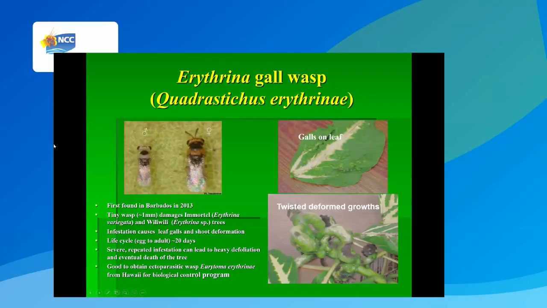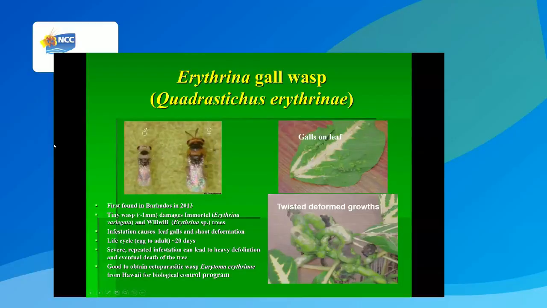And you will see on the top left-hand photo the male and female wasps, very small. When the larval stages of them feed on the plant and infest the plants, you get all sorts of weird, twisted, deformed growths over and over again, which has led to the death of many, many of these plants.